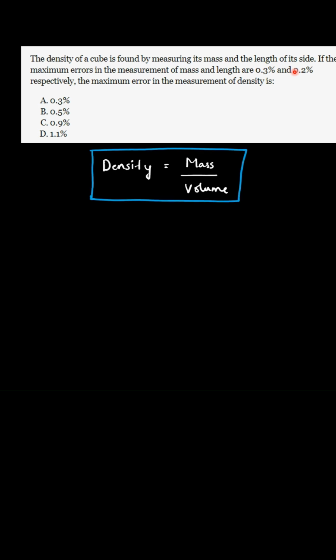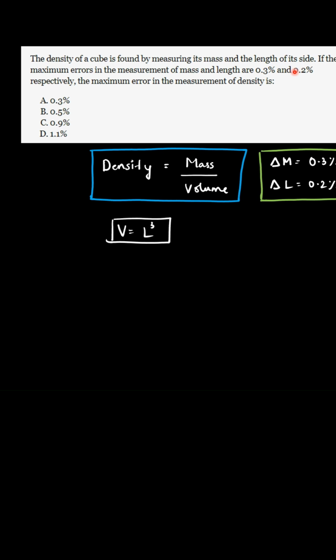The density of a cube is found by measuring its mass and length of its side. If the maximum error in measurement of mass and length are 0.3% and 0.2% respectively, the maximum error in measurement of density is. The density is given by the formula mass over volume. Delta m is given as 0.3%, delta L is given as 0.2%.